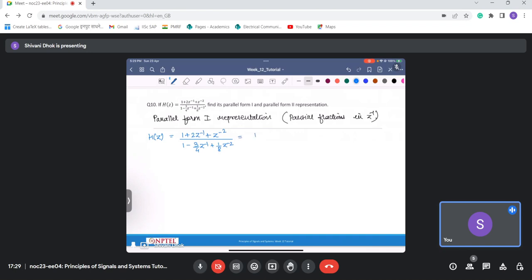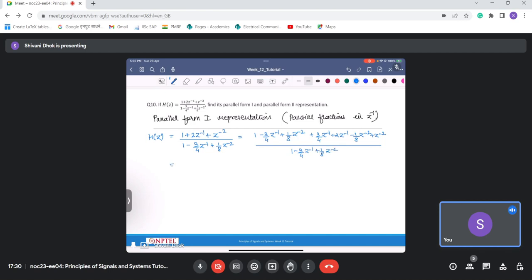So this I can write as 1 minus 3/4 z^-1 plus 1/8 z^-2, and in order to compensate it, I'll add 3/4 z^-1 plus 2z^-1 minus 1/8 z^-2 plus z^-2, whole divided by 1 minus 3/4 z^-1 plus 1/8 z^-2.